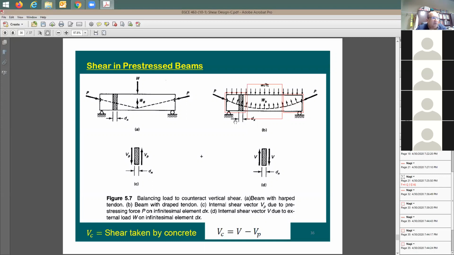Also this balanced load. What does it mean by this balanced load? All of this balanced load is actually reducing the amount of shear demand on my beam. This is going to be the reality.